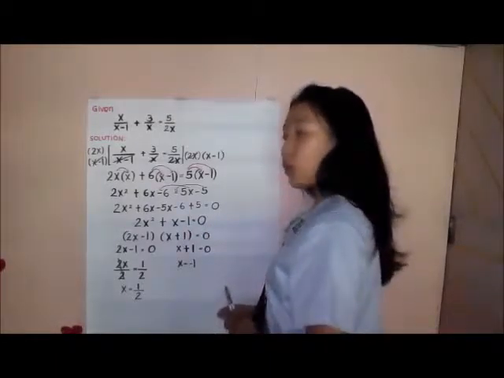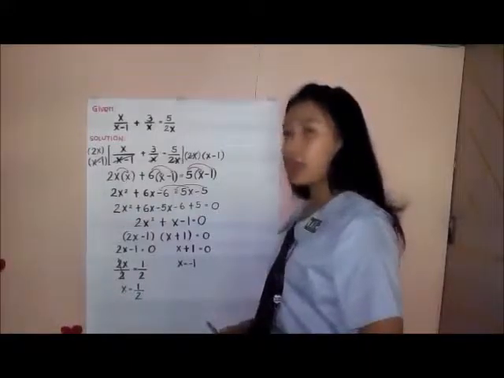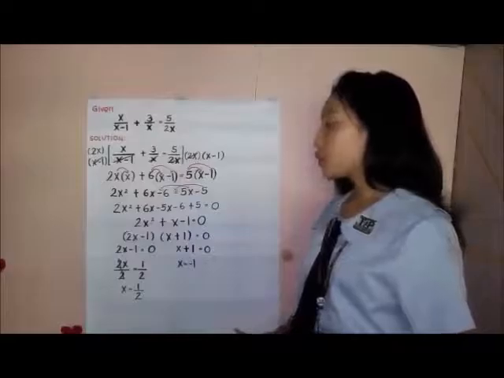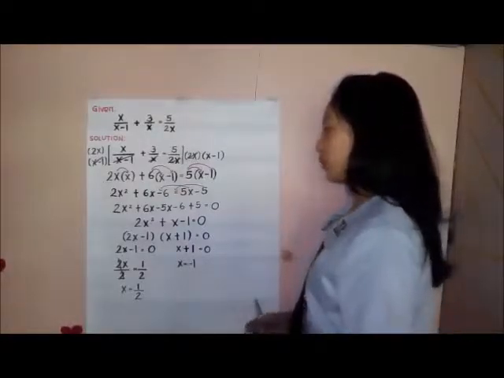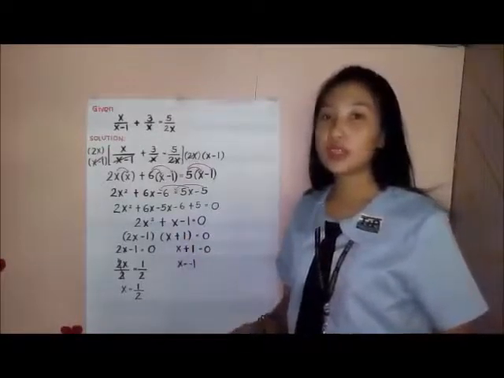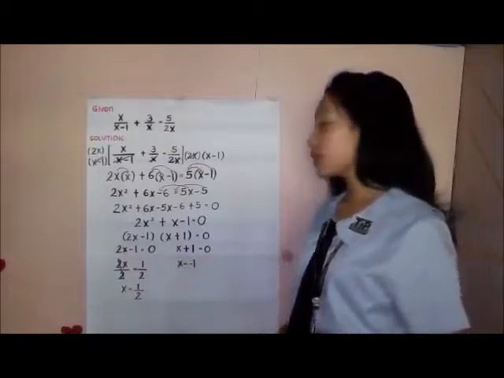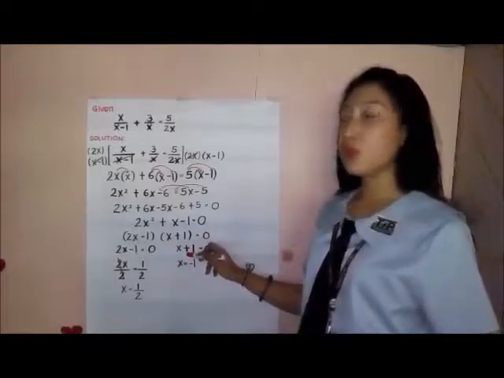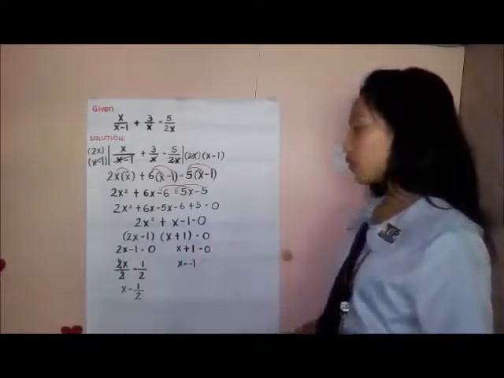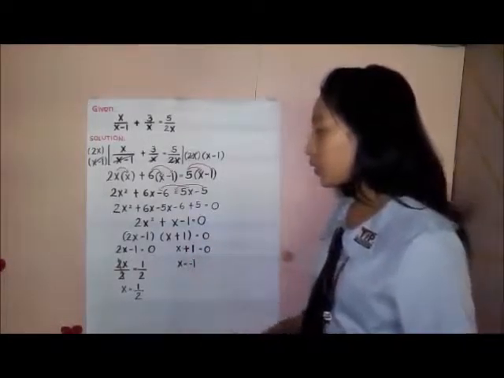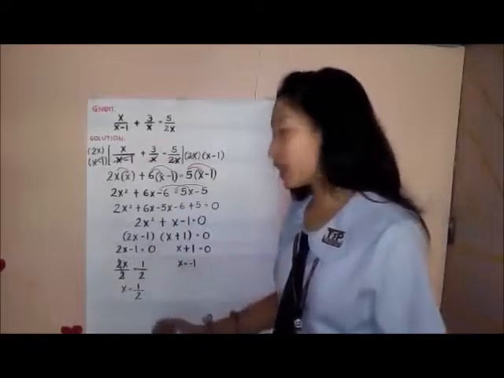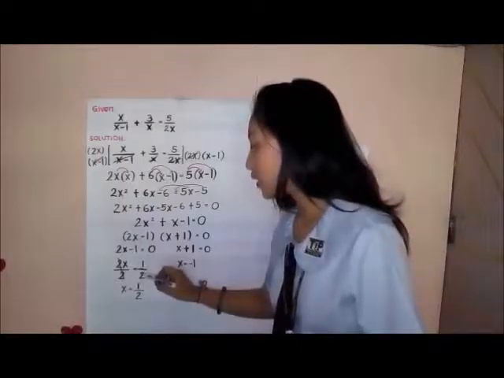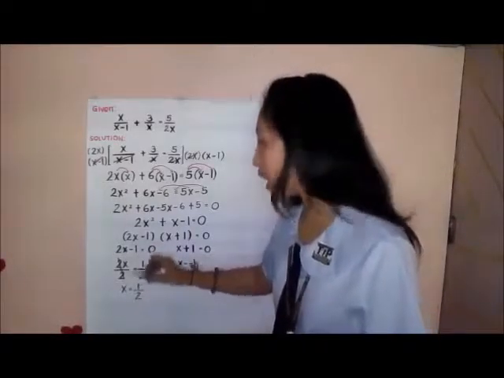I-factor natin ang trinomial na 2x squared plus x minus 1 equals 0. Factor nito ay 2x minus 1 and x plus 1. I-equate natin siya sa 0. 2x minus 1 is equal to 0, and x plus 1 is equal to 0. May 2x, kaya lalagyan natin siya ng 2 sa kanyang denominator, 2 rin sa kanyang denominator, para sila ay ma-cancel.